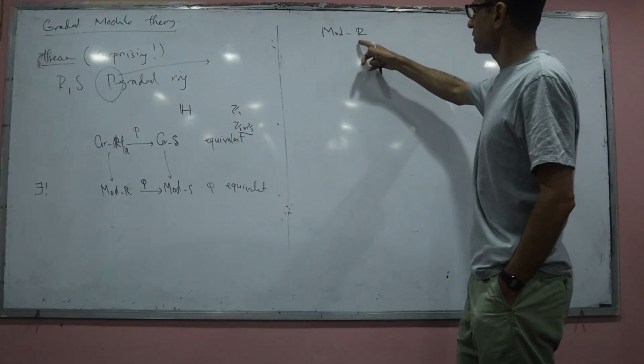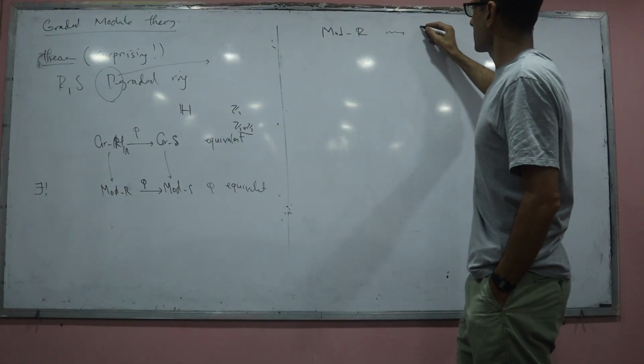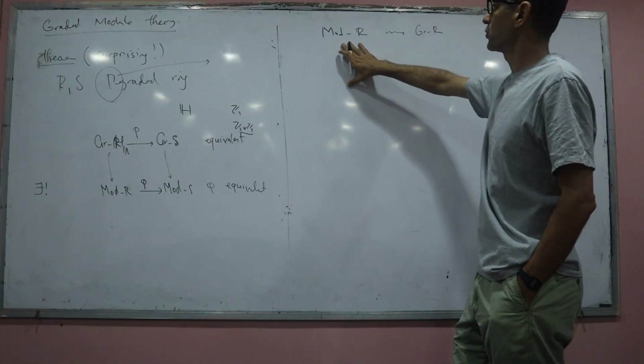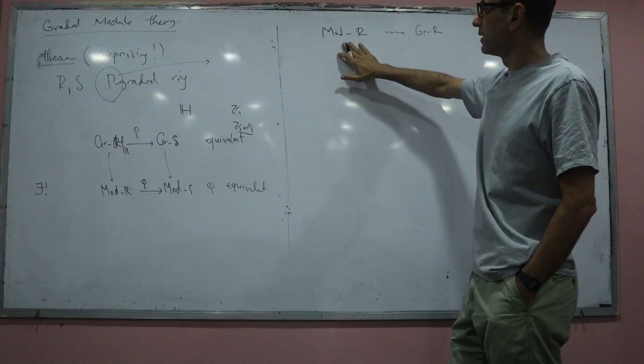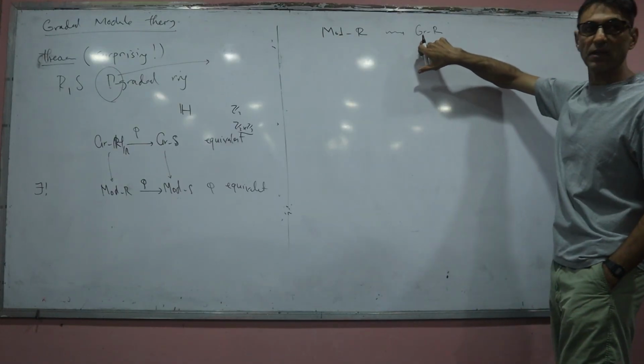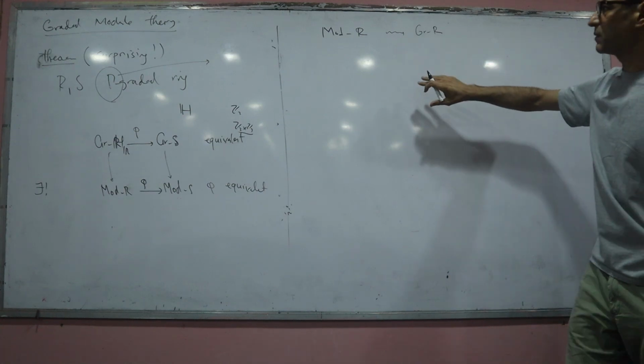As soon as you get one of those, I can just translate and do the same thing in here. For example, you can define projective modules in this category. Now I change it here, I get a graded projective module. So let me just define one of them.